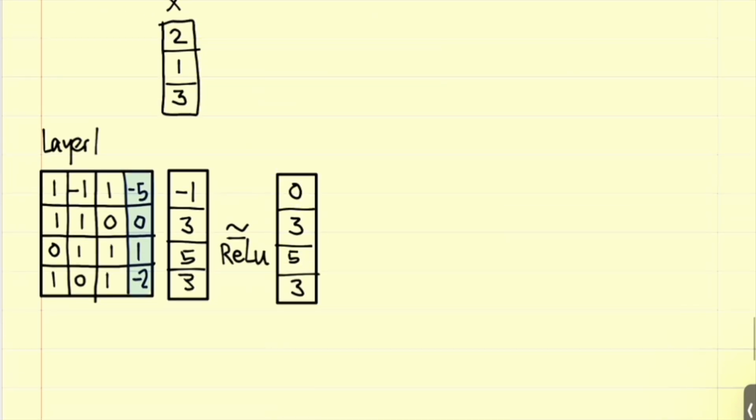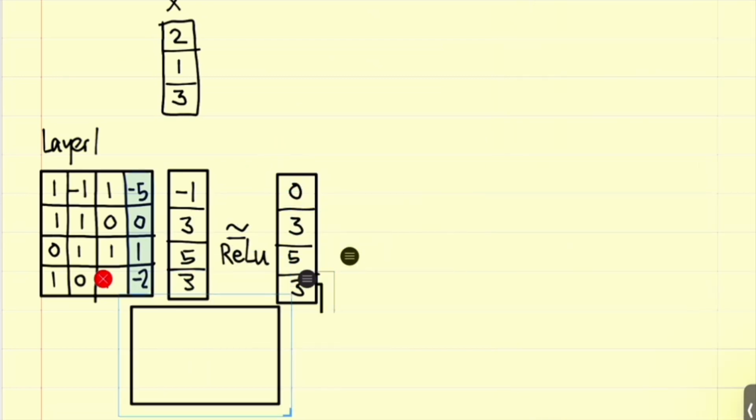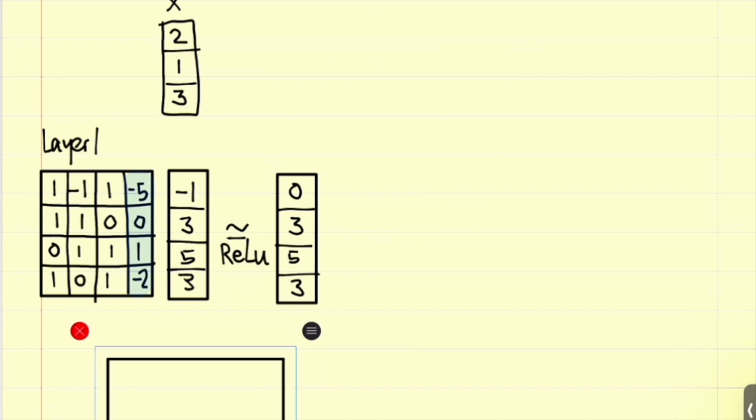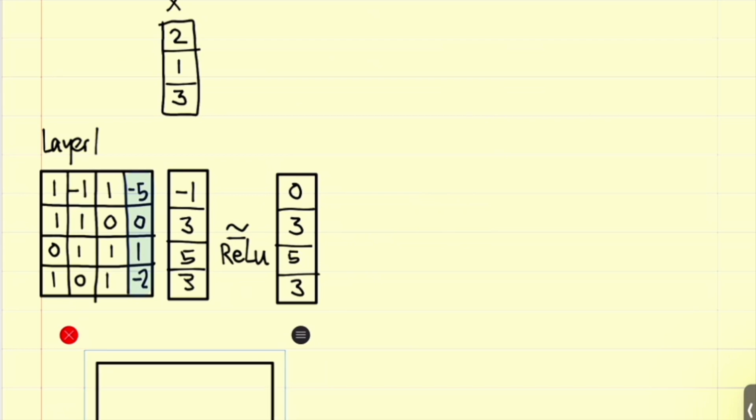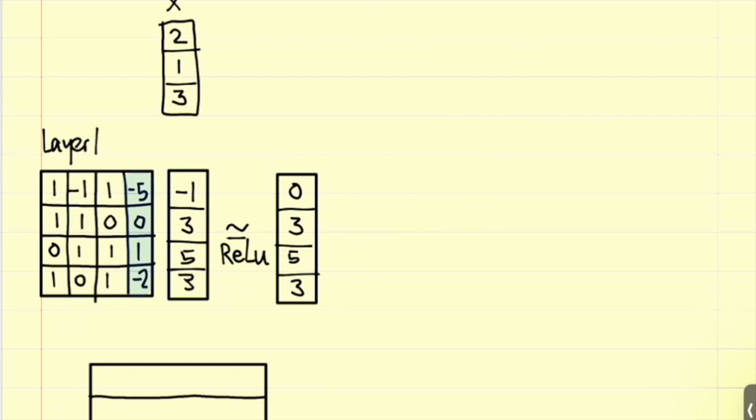Our next layer would be a layer 2. Layer 2 with again some weights. We need 4, so 1, 0, -1, 1, 1, -1, 0, 1, and then 0, 3 is the bias.